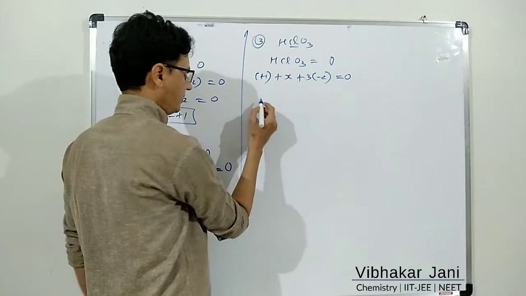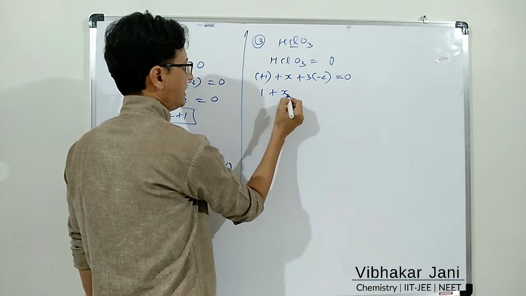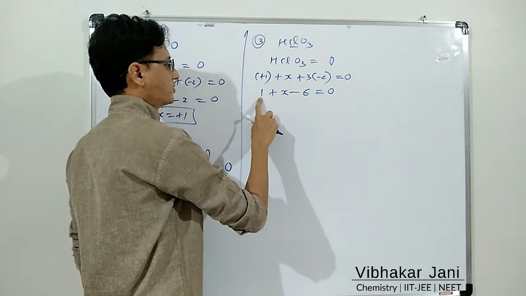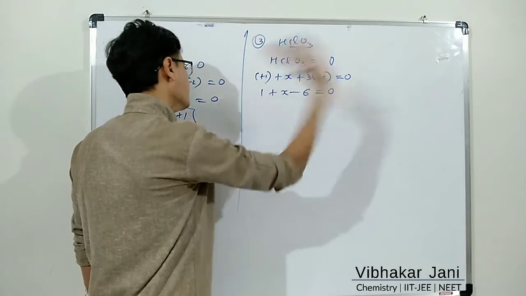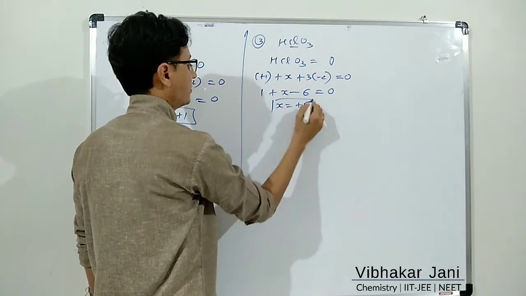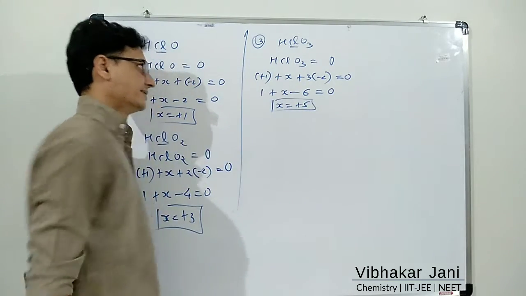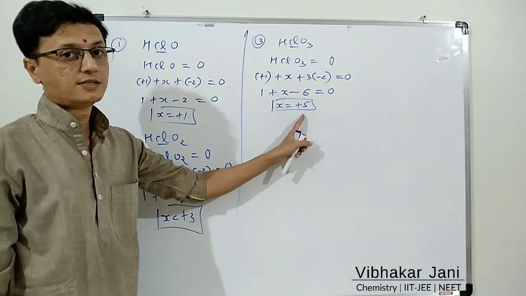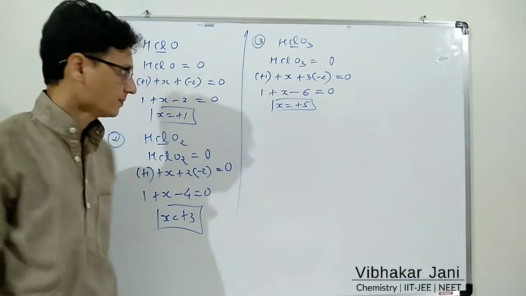Now let us simplify it. 1 plus x minus 6 is equal to 0. -6 plus 1 will give us -5. Goes to the other side, then it will become +5. So here again, the same element chlorine, but in a different compound, its oxidation state is also different.